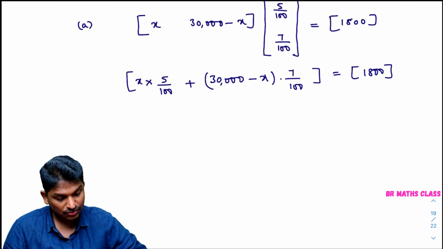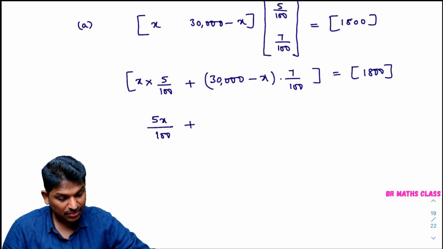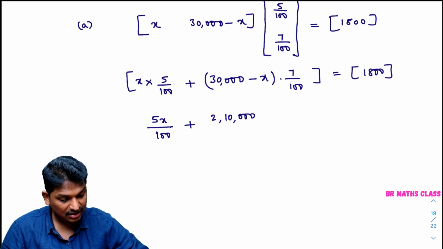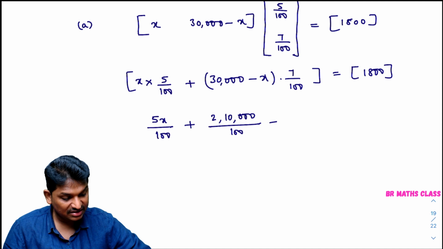If you equate these two, this is 5x divided by 100, okay, plus, now multiply 7 into this, what you will get, 7 3s are 21, 2 lakh 10,000, correct, by 100 minus 7x by 100 equal to 1800.